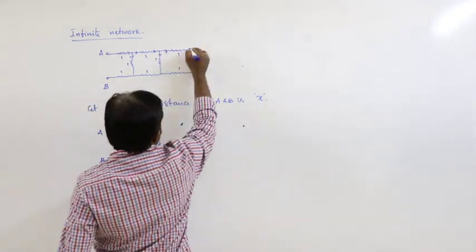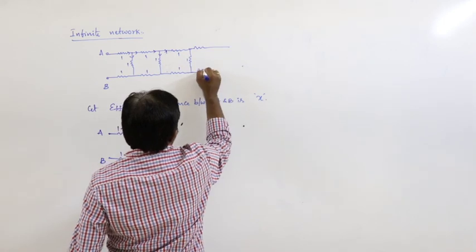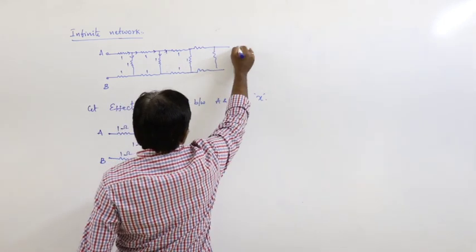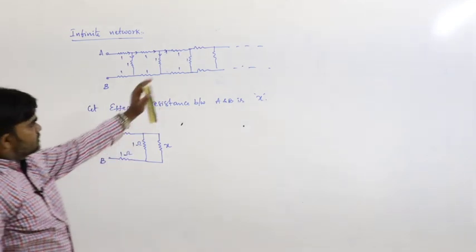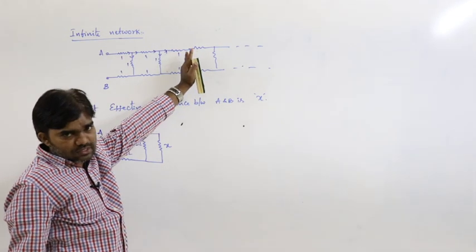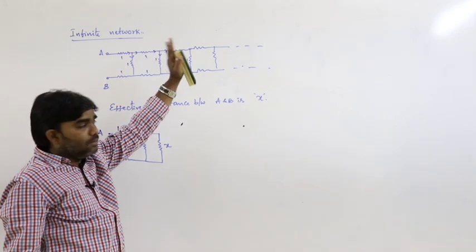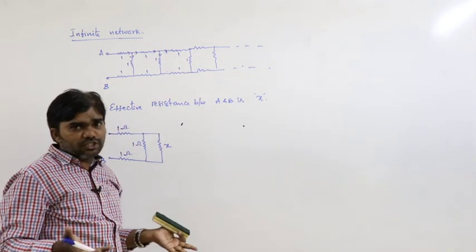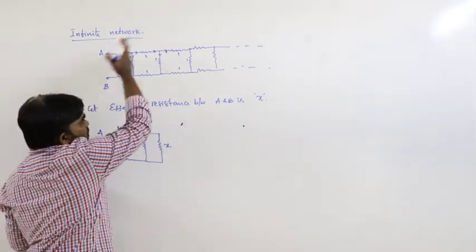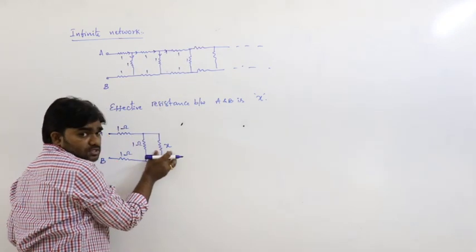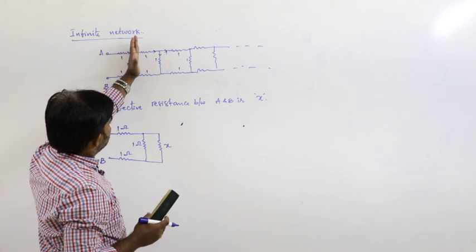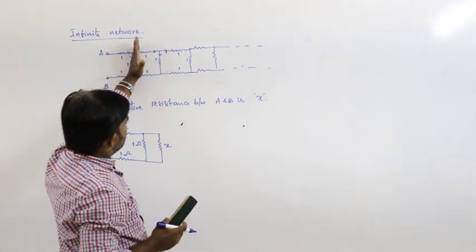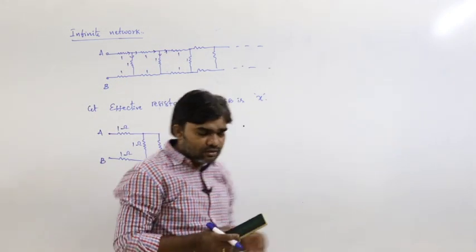So this is the infinite network. If this is having only a certain amount of resistances, we can calculate that, but it is infinite. We don't know how much it is. So that's why instead of all this, I am considering it is X. From this point onwards we are removing all this infinite network.